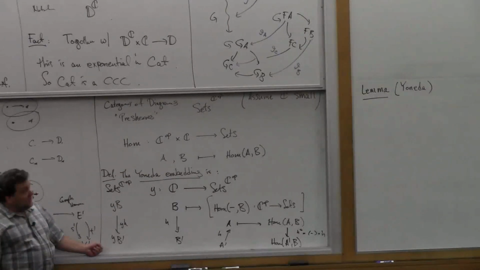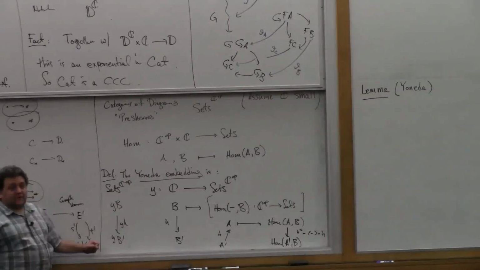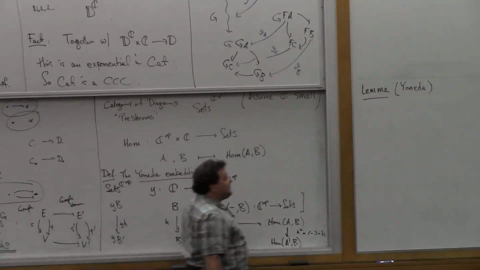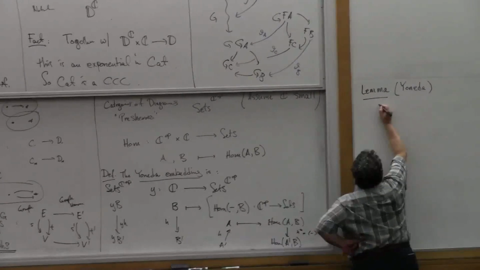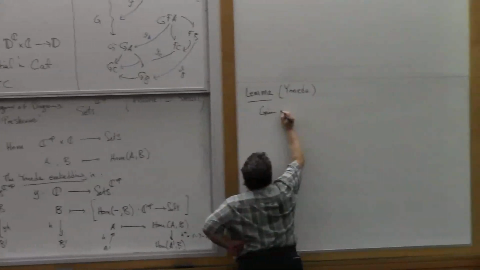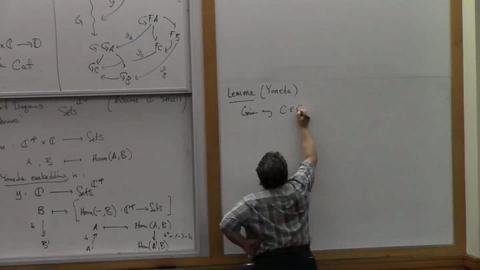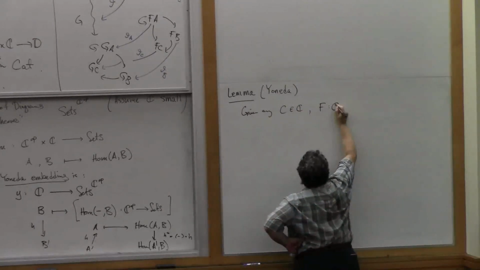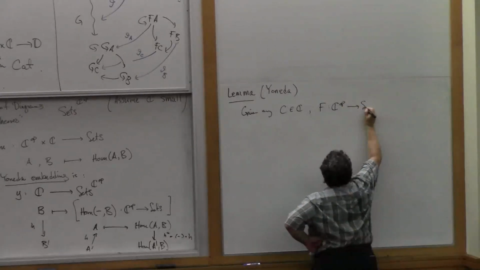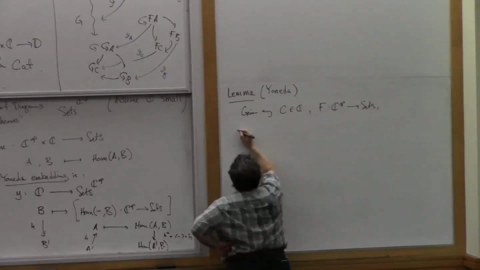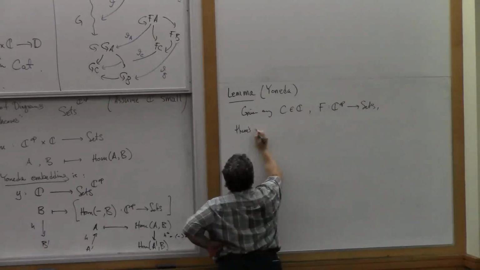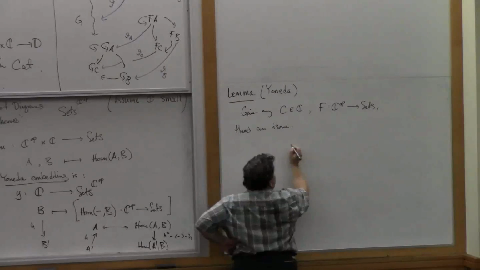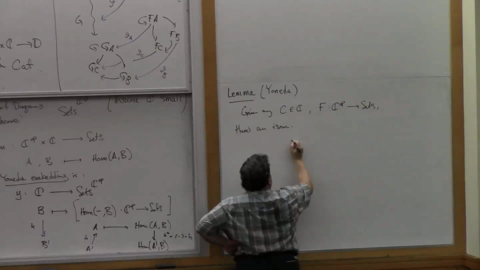And the Yoneda lemma tells us that this is a very good representation. And that's what we're about to see. So the statement for the Yoneda lemma is this: given any C in the category C and any functor F in the functor category, there's an isomorphism of the following form.